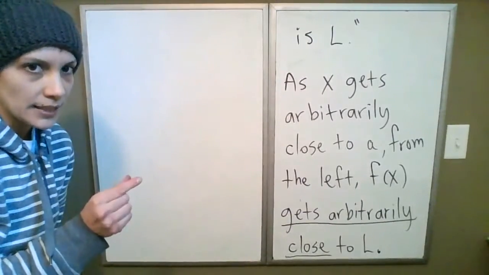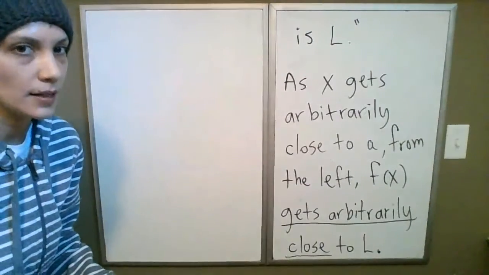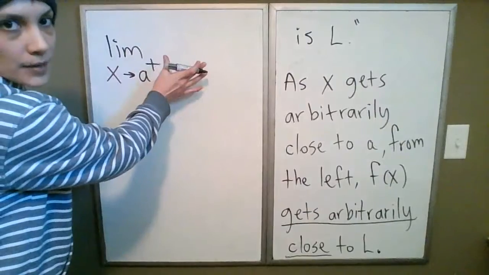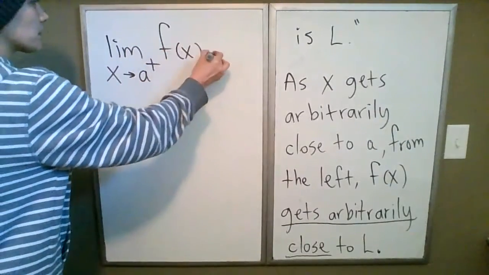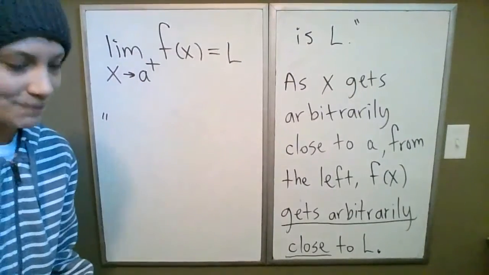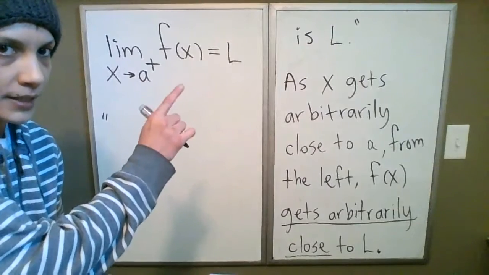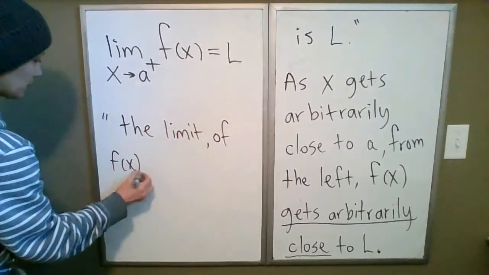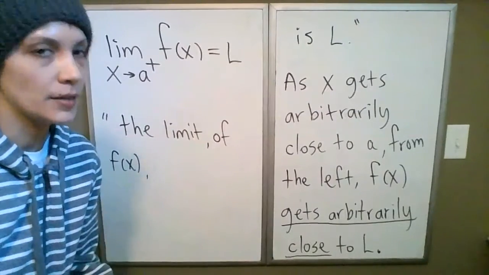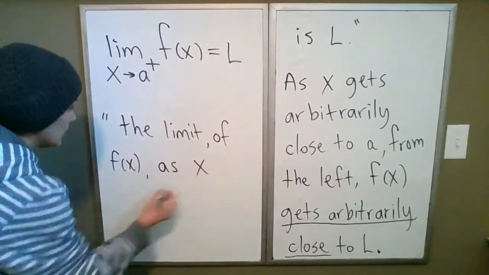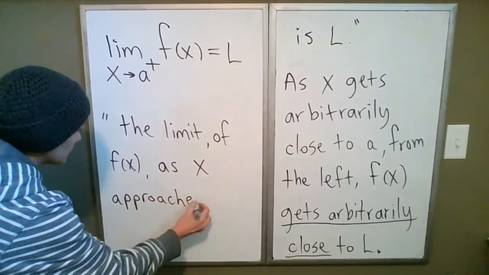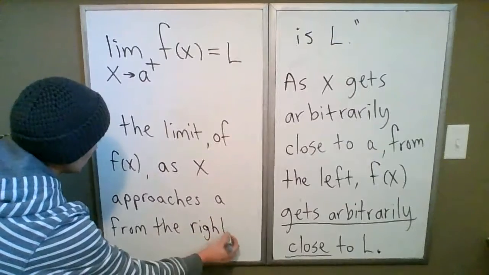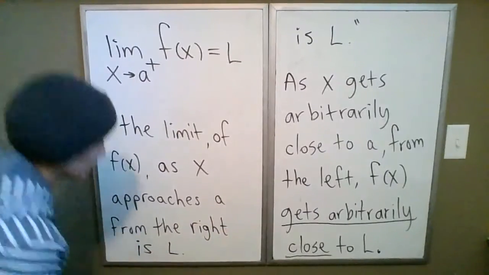And we're going to put in one little extra bit of detail where we have this limit as x approaches a from the right of f of x being equal to L. So the limit of your function f of x as x approaches a from the right is L.